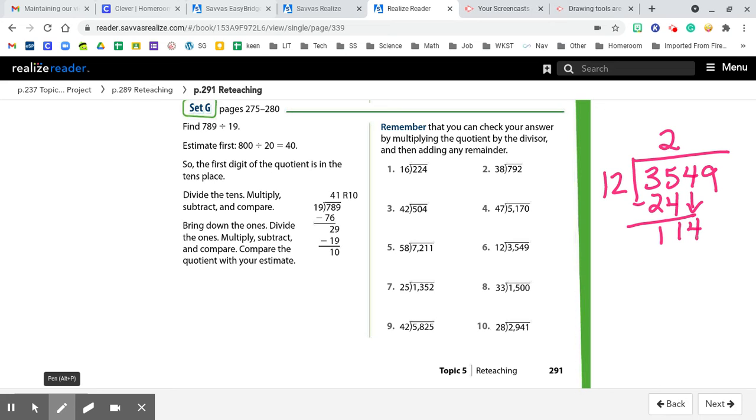What am I on? Okay. 12 times 9. Oh, wait, let me think now. 12 times 9. Remember, do it off to the side. It's 108.